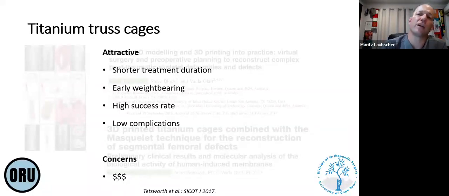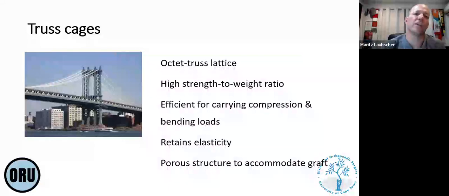Now, the truss cage is based on an engineering principle of octet truss lattice. This has a very high strength to weight ratio. In other words, you need very little material for a very high strength construct, and it's efficient in carrying compression and bending load.